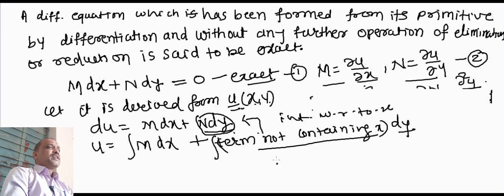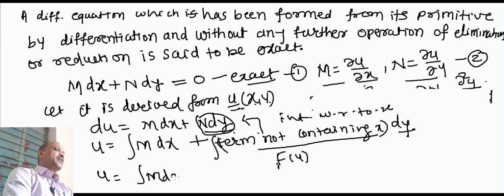That means it contains only terms of y, and therefore we can write it as a function of y, f of y. So we get u equal to integration of M dx plus f of y. Now, let us find this value of f of y by differentiating this. Let us call this equation number 3.